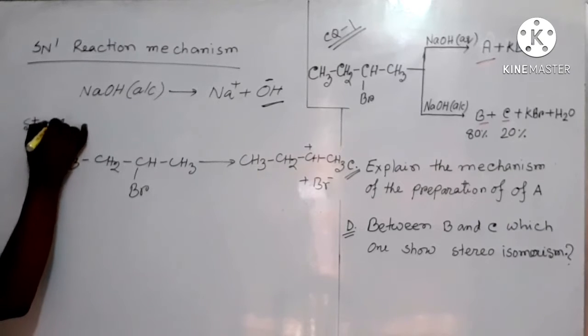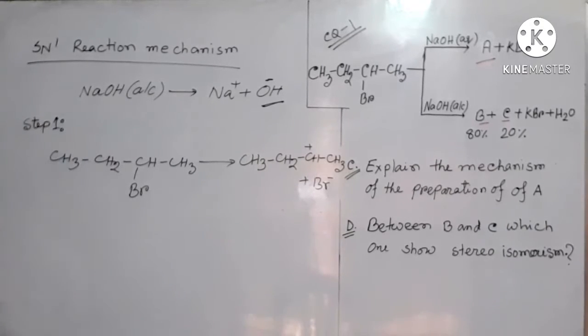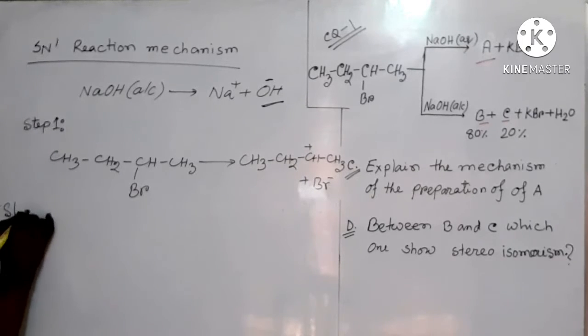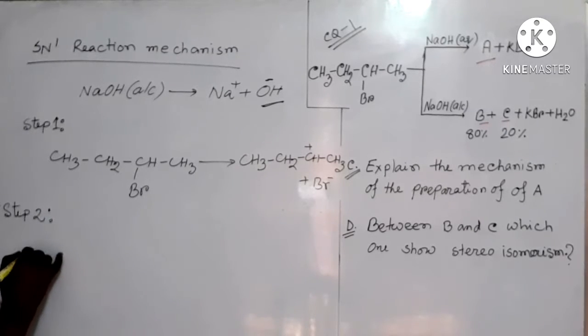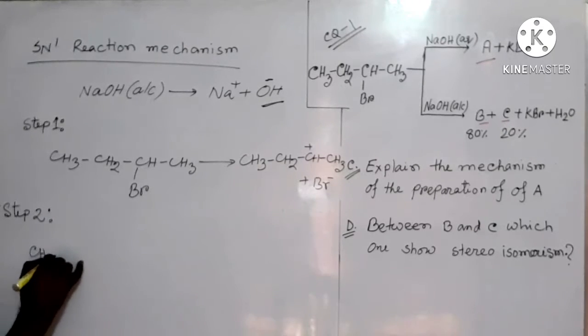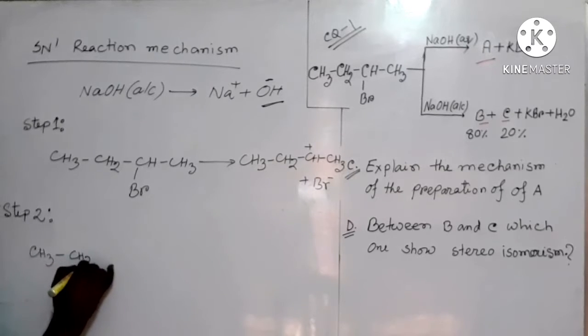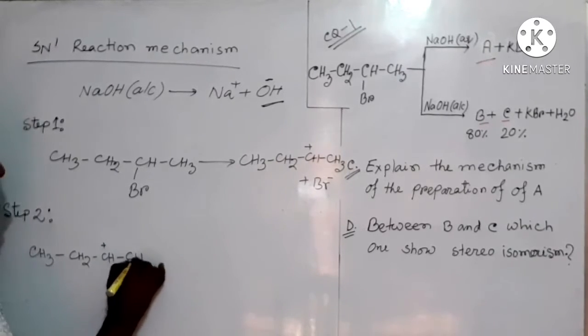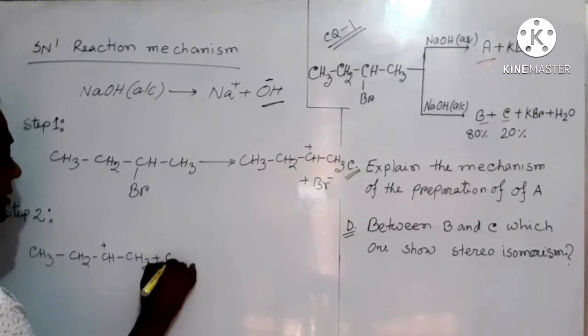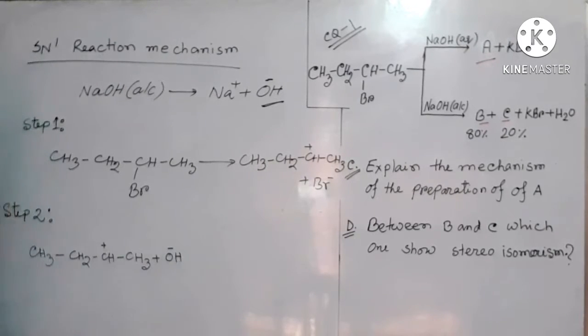This is step 1. And then step 2: CH3CH2CH+CH3 plus OH minus.